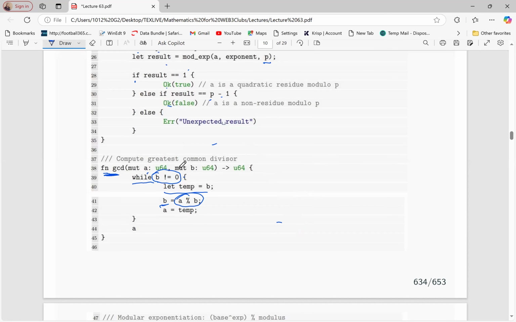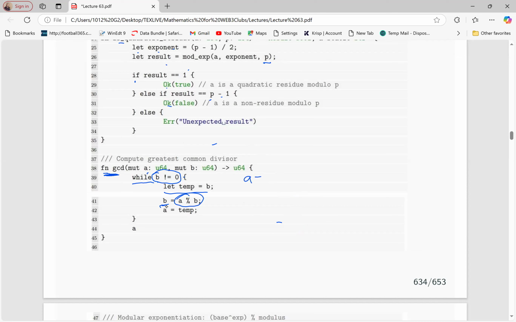Let me use slightly bigger numbers so that you can understand. So okay, A is the bigger number. Let's say 13, and B, let's say 3.